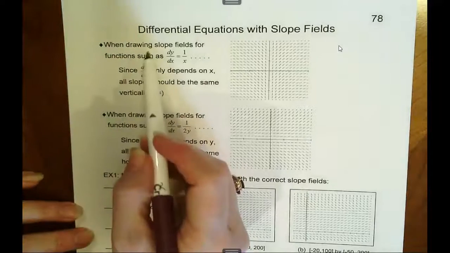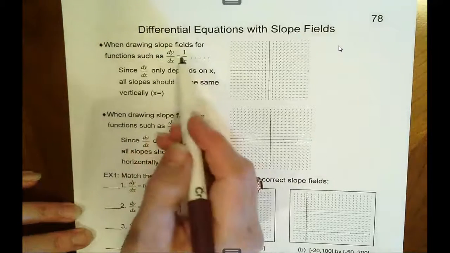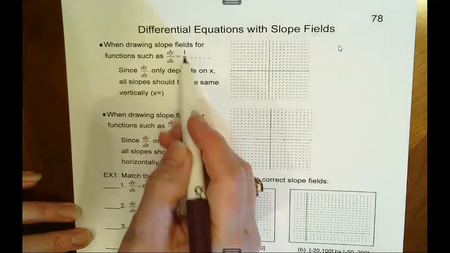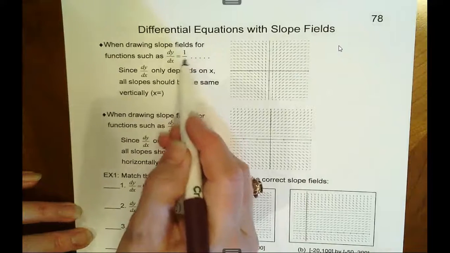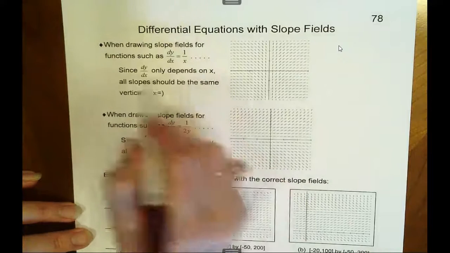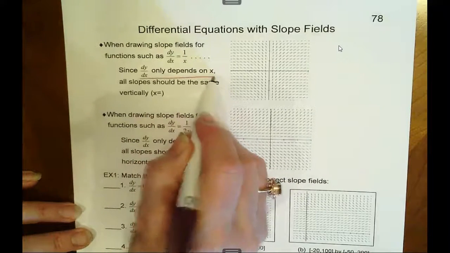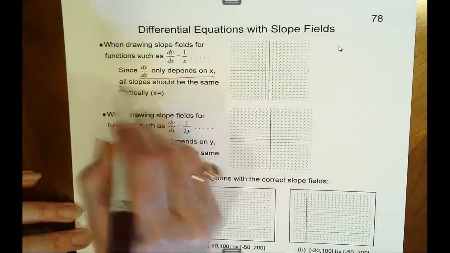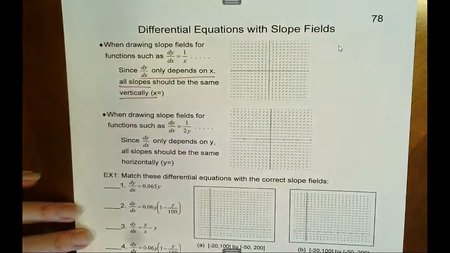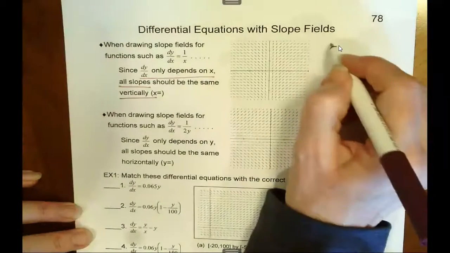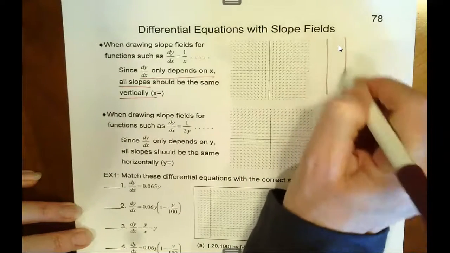And it says that when you're drawing a slope field for a function like dy/dx equals 1/x, where there's just an x and no y, where the derivative only depends on x, then all the slopes vertically are the same. So the x equals slopes would be the same, or in other words, it doesn't matter what you choose for y when you're making your little chart here.